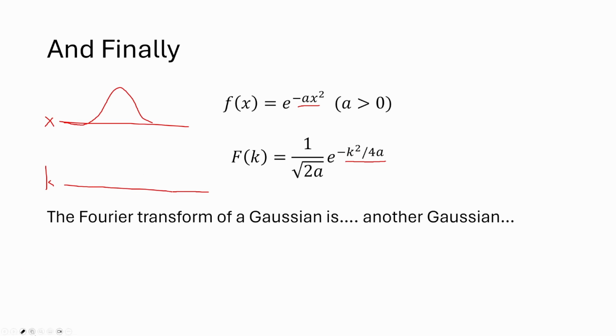The interpretation of this is that most of the frequencies that you need to build a Gaussian are within this central range. And then you need a little bit of these further away frequencies, a little bit of high frequency, a little bit of low frequency, and lots of medium frequency. That's how you build up a Gaussian wave.